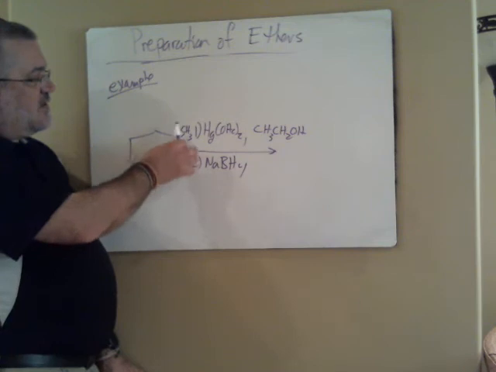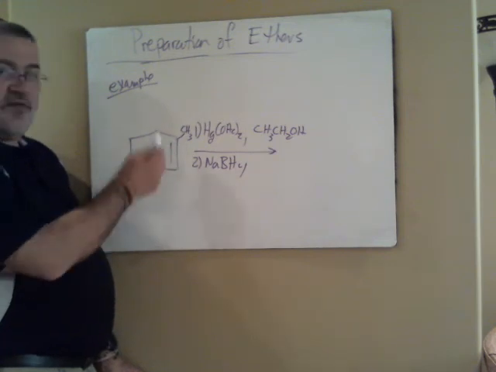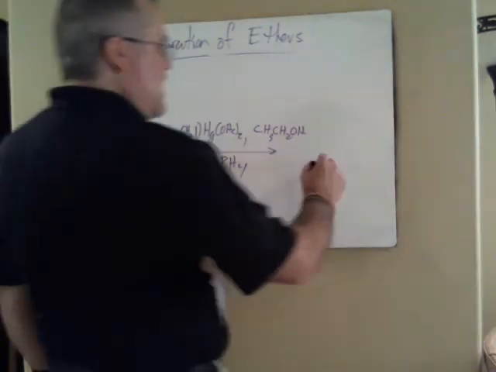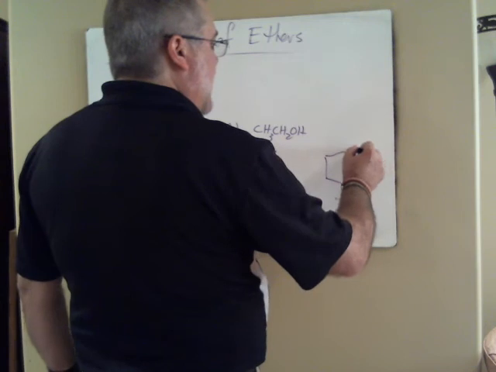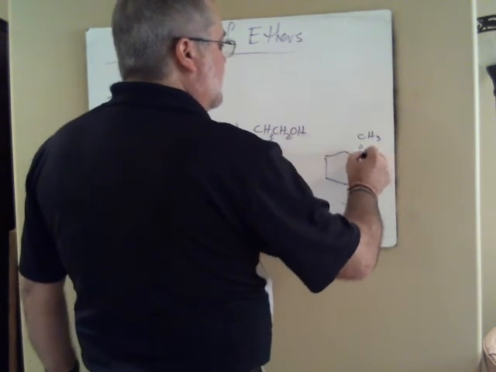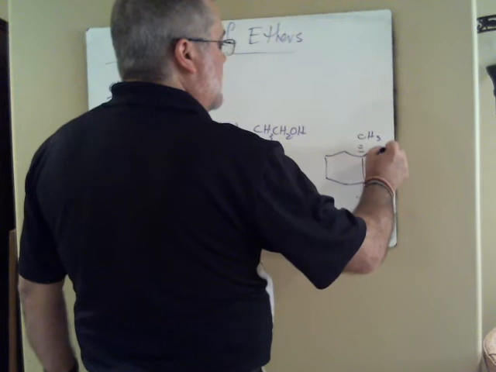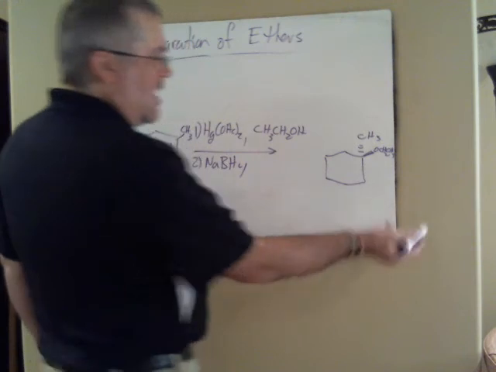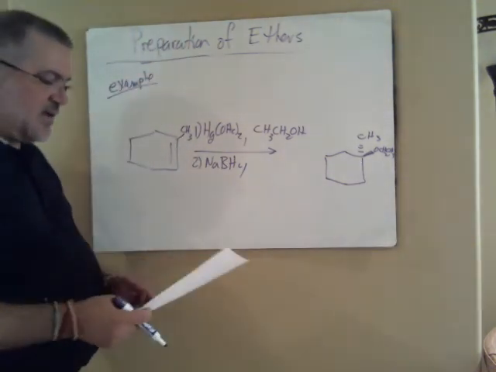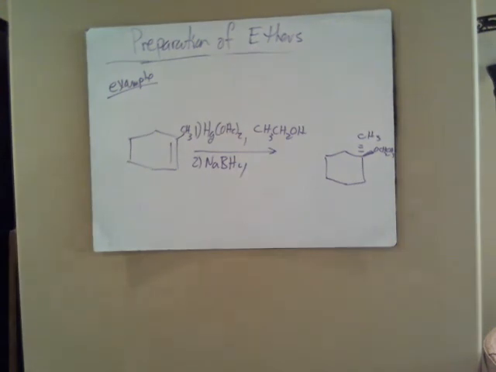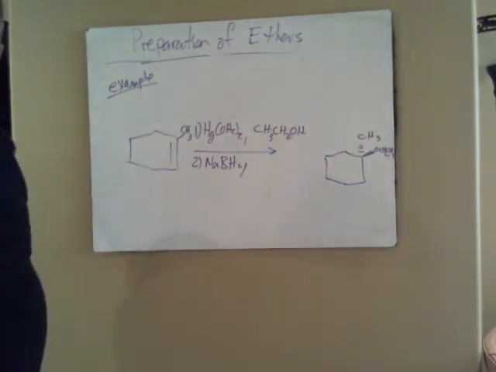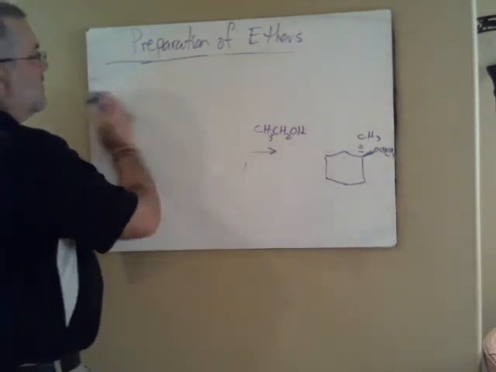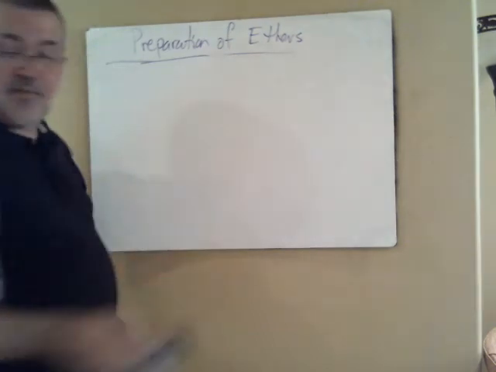So if I do this, this brings up the whole idea of regio and stereochemistry, because if this is adding in a Markovnikov fashion, that means that it's going to add to the same carbon as the methyl, because that is the more substituted side, because my H is added to the less substituted side. Okay? Now, the mechanism for this, you already know, because you studied it last semester. So we don't have to revisit the mechanism, you know it, but we do want to talk about limitation.